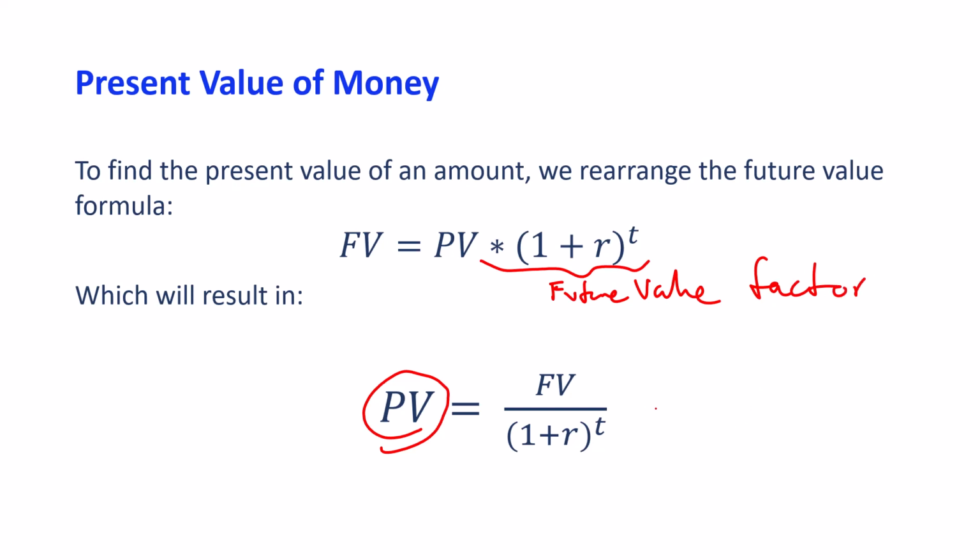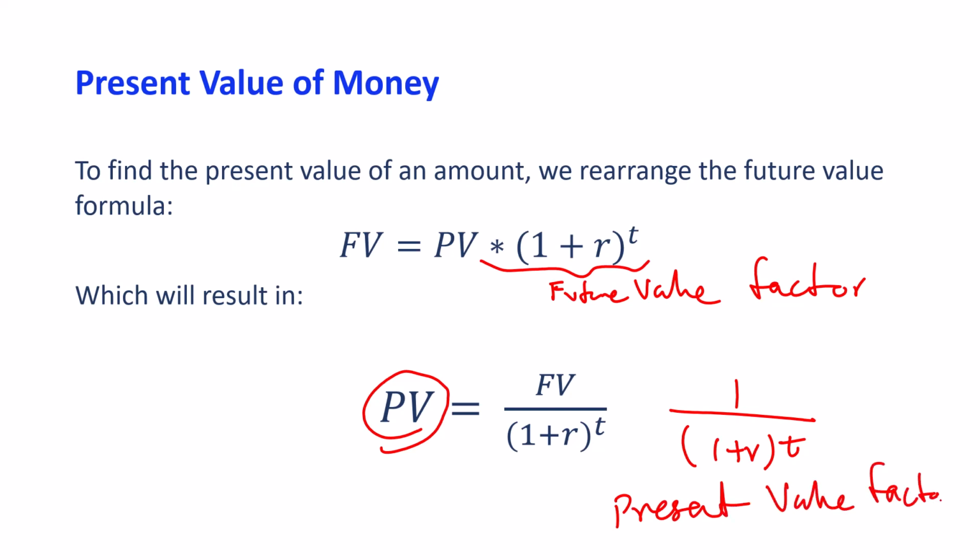And the reciprocal of that, 1 over it, is called a present value factor. So the present value factor is just a reciprocal of the future value factor that we saw before.